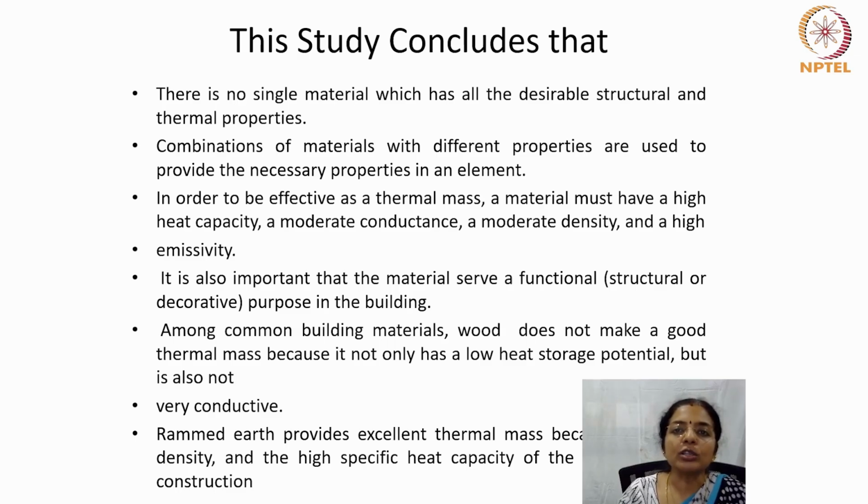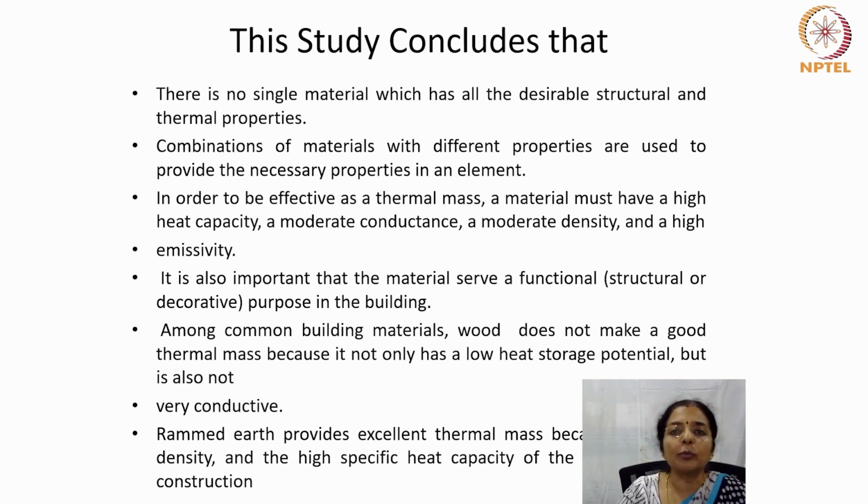It is also important that the material serves a functional, that is structural as well as decorative purpose in a building. Among common building materials, wood does not make a good thermal mass because it not only has low heat storage potential but is also not very good in terms of its conductivity.